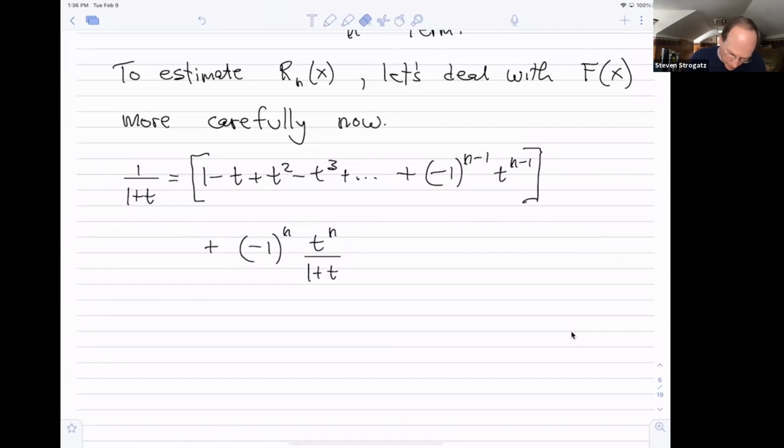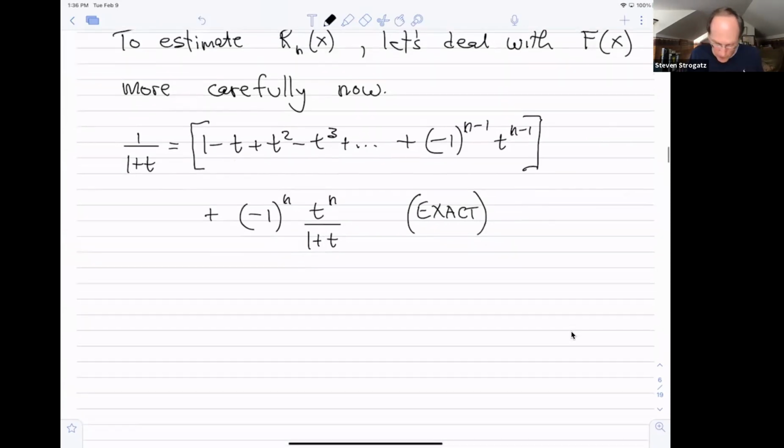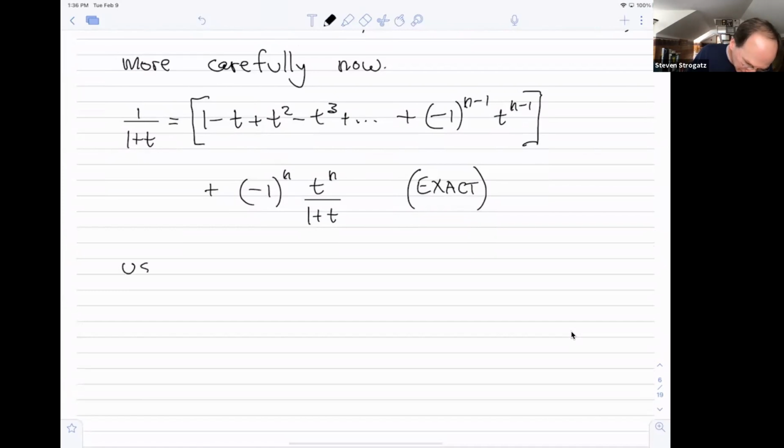What I'm doing there is exact. There's no approximation in this formula. All I'm doing is using the exact sum of a finite geometric series.